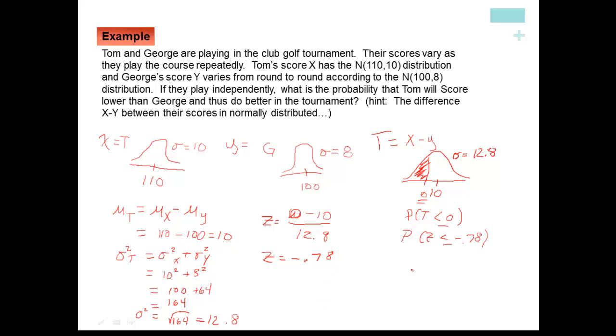Using the z-table in the back of the book, that z-score yields 0.2177. So in context of the problem, there is about a 21.8% chance that Tom will score better in the club championship versus George.